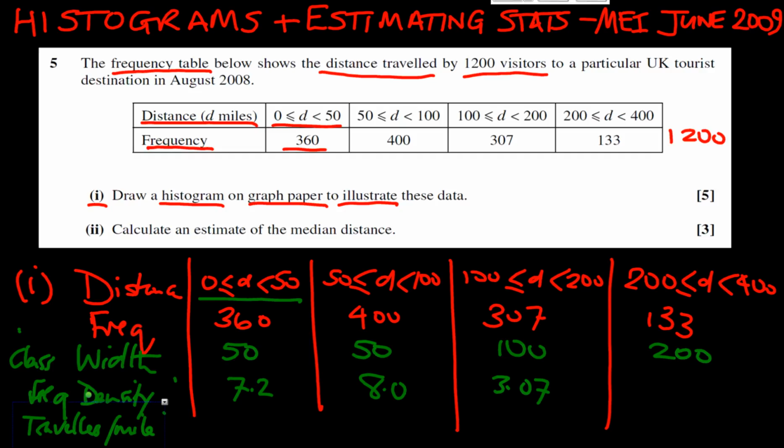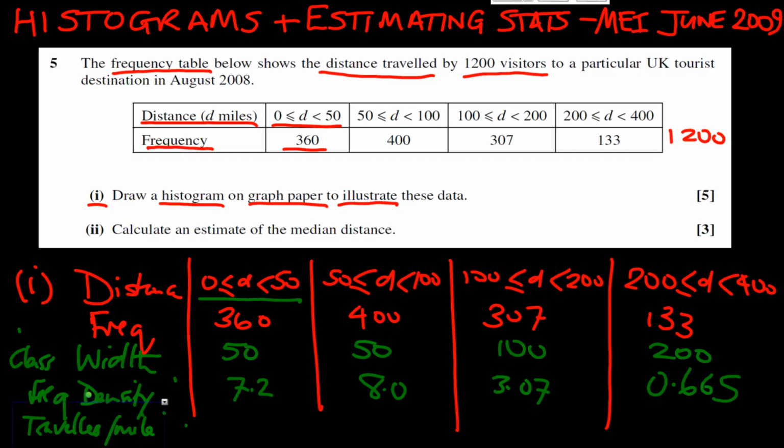And finally we have 133 travellers in 200 miles, so we've now dropped below 1 per mile, down to 0.665 travellers per mile. Okay, so that's the first part of it.